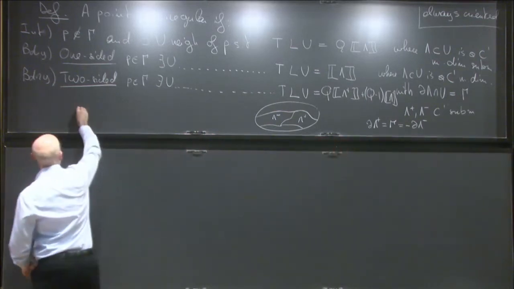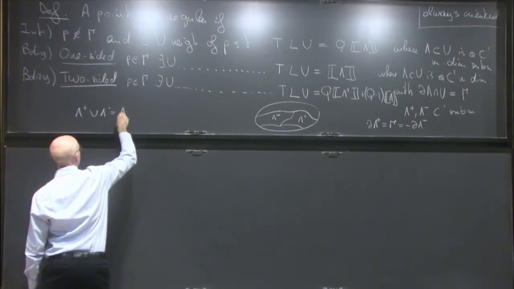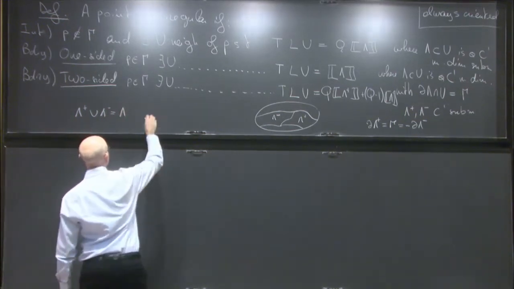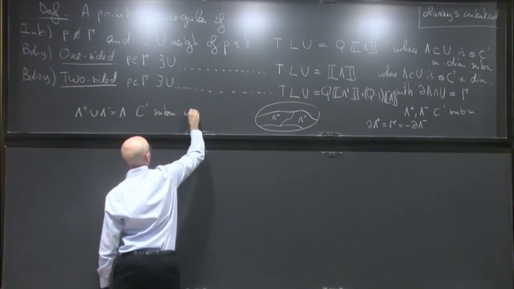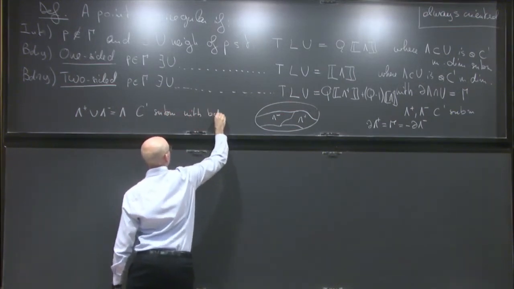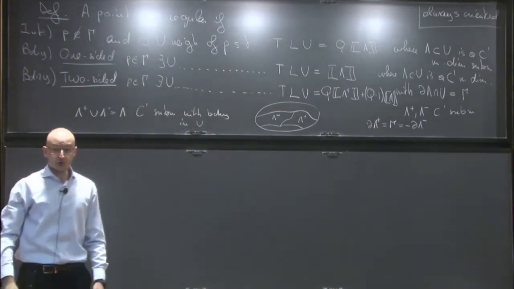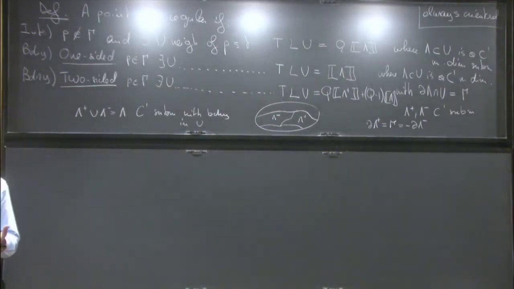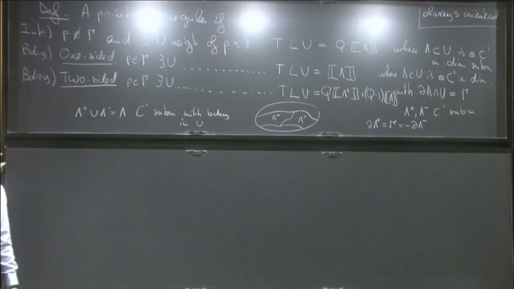So in this two-sided situation, lambda plus union lambda minus gives you some lambda, which is a C1 submanifold without boundary in U. Okay, this two-sided situation can actually happen. So for instance, assume I'm giving you, yep.